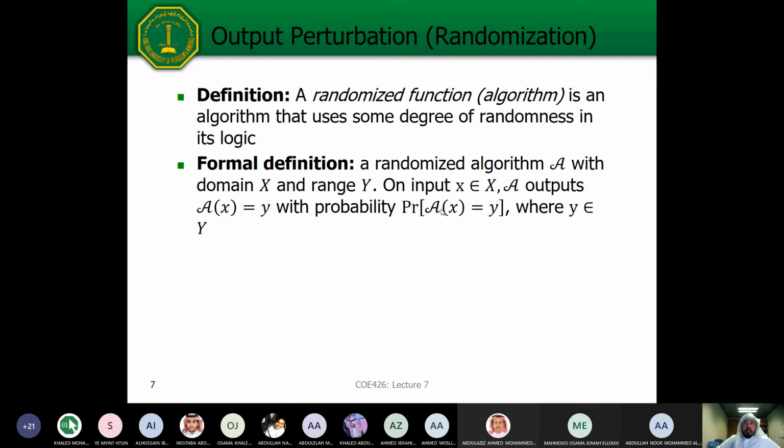So the randomized algorithm takes a database and computes some value and gives us a result of that query. We like to formalize this output of the query as a range Y. So Y is basically all possible outcomes of that randomized algorithm.